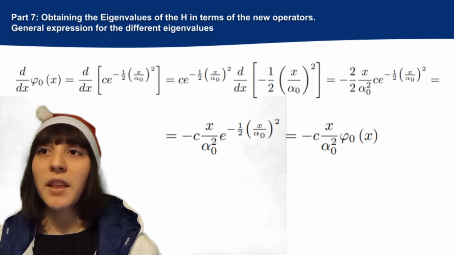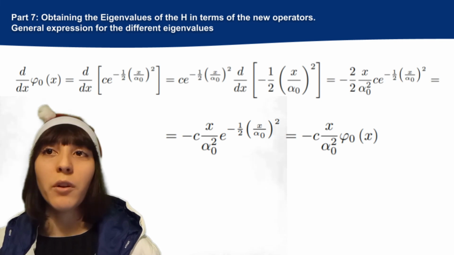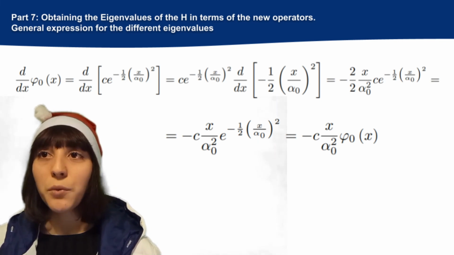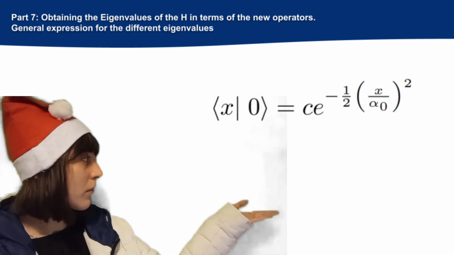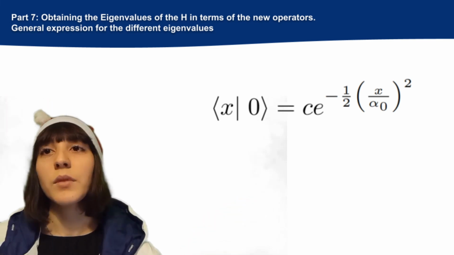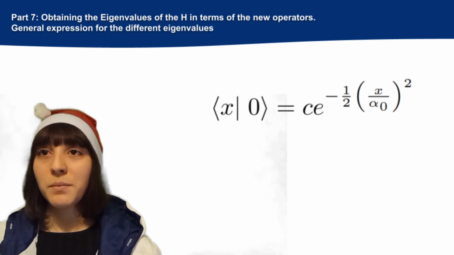C is a constant that has yet to be determined by normalization, but this is a job for my following partner. This way, and according to the calculation we have made so far, we get this expression, which is the solution for 0, the ground state.